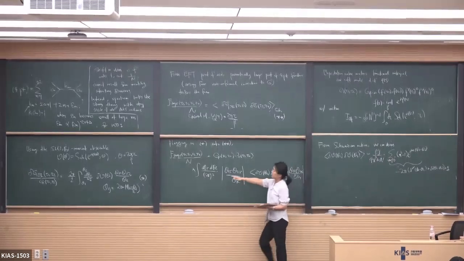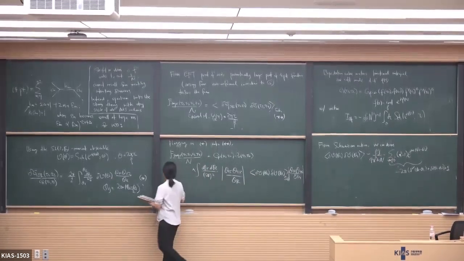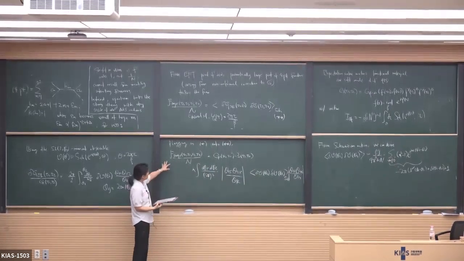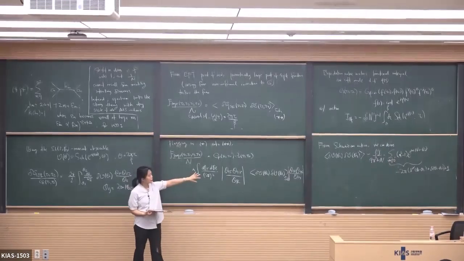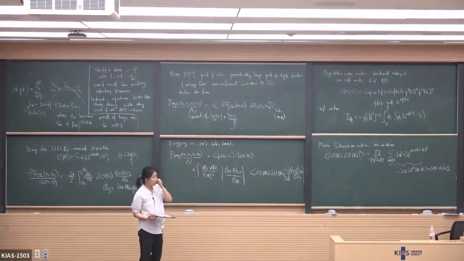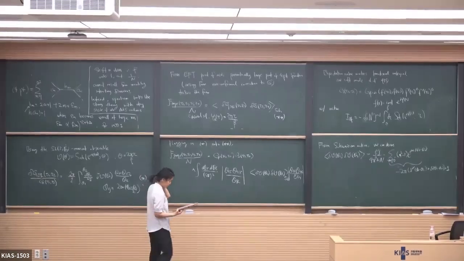We have the part of the 4-point function that arises from the fluctuation of the IR degrees of freedom. Okay.